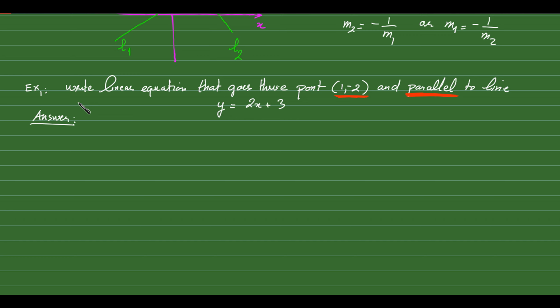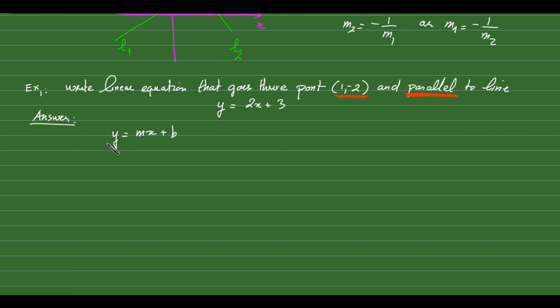Here, I did not specify what form you should use because I just said write a linear equation. I didn't say slope-intercept form or point-slope form. So you can pick either form to start with. However, I always love slope-intercept form, so I'm going to go ahead and use slope-intercept form.